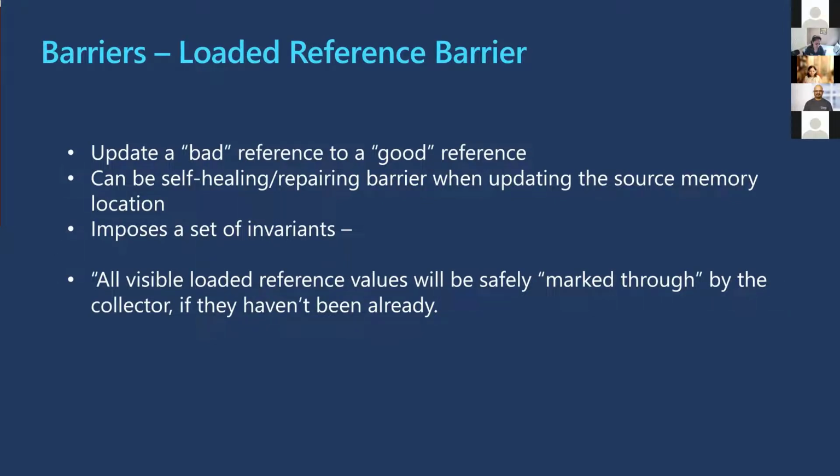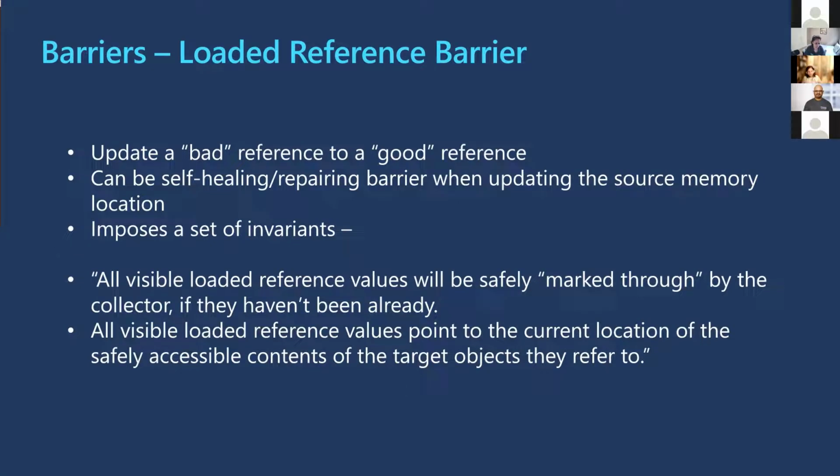The second one is that all visible loaded reference values always point to the two-space, the contents of the target. It's always to the current location, always to the good location. So those are the two guarantees of this barrier. If you think of the barrier, it has only two jobs. That's what I'm trying to say here.